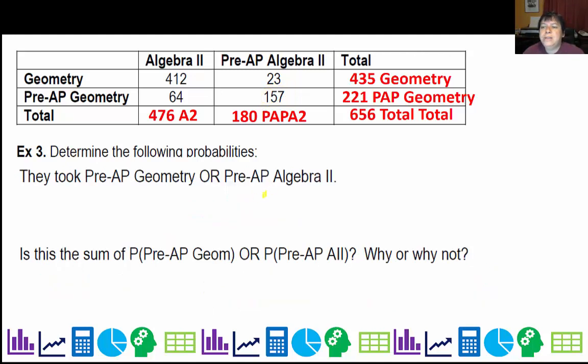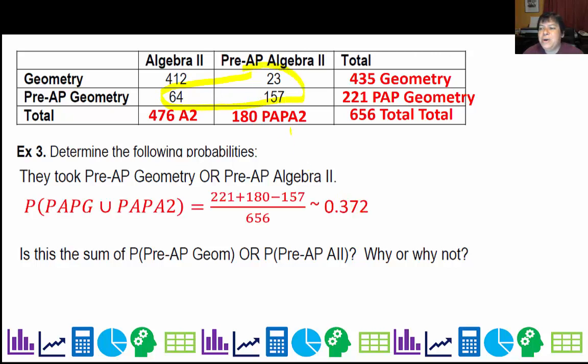Okay, so let's look at the probability they took pre-AP geometry or pre-AP algebra 2. So pre-AP geometry or pre-AP algebra 2, how many people took that? Well, that's this group right here, right? And I think I'm going to circle that again. So basically, I'm using the formula here where I add geometry plus algebra 2. See, there's 221 right there, plus algebra 2. And what am I doing?